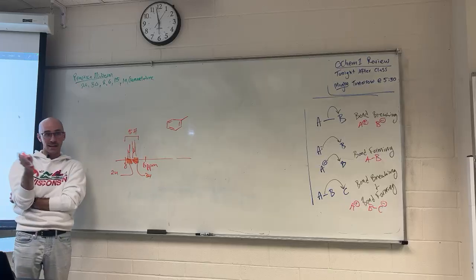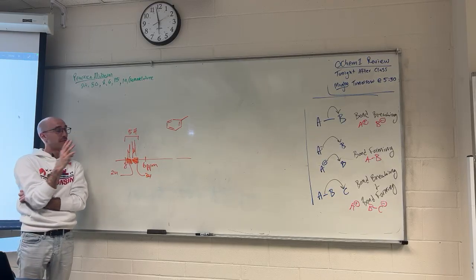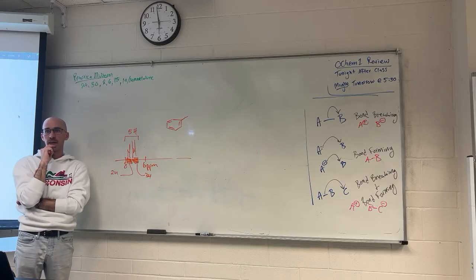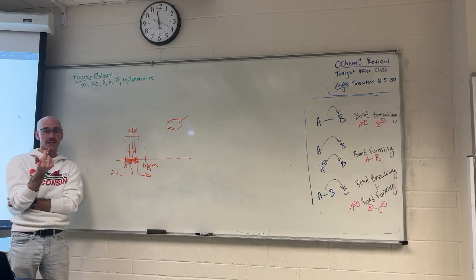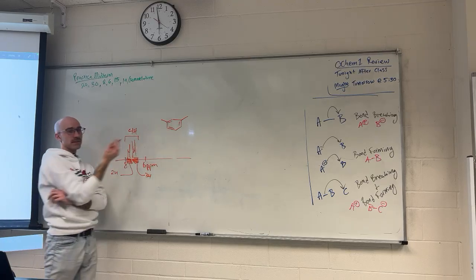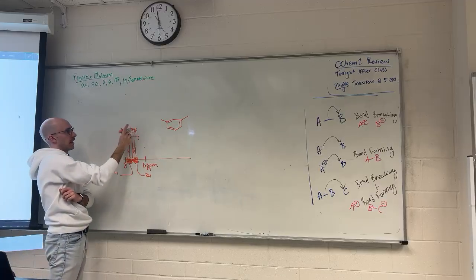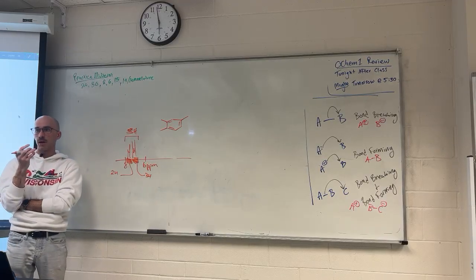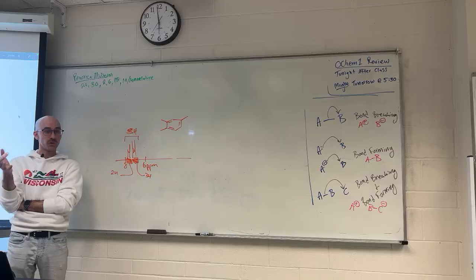I'm glad that you guys recognize it, but I don't care much because 5H tells me one thing comes off the ring. 4H tells me two things come off the ring. 3H tells me three things come off the ring. So it helps me predict how many hydrogens are on my ring and how many groups are on my ring.